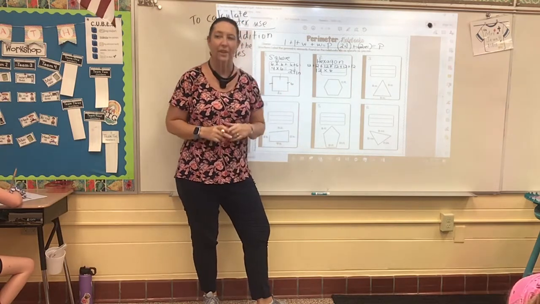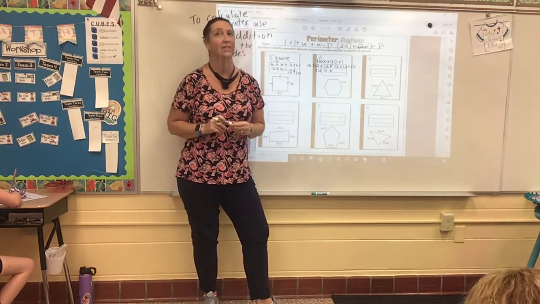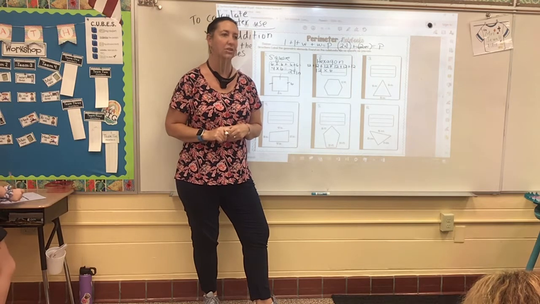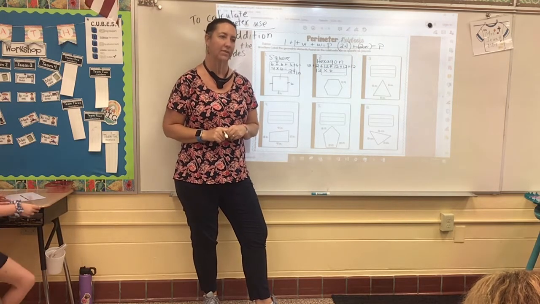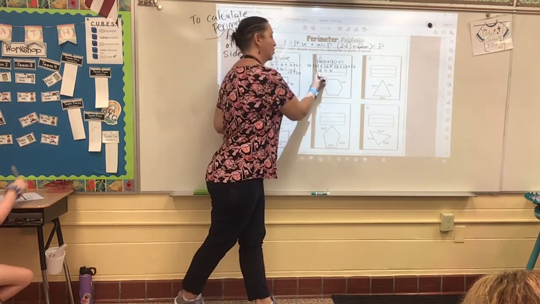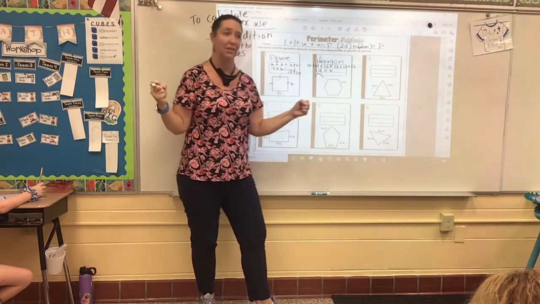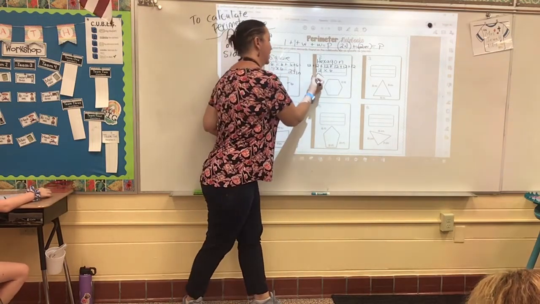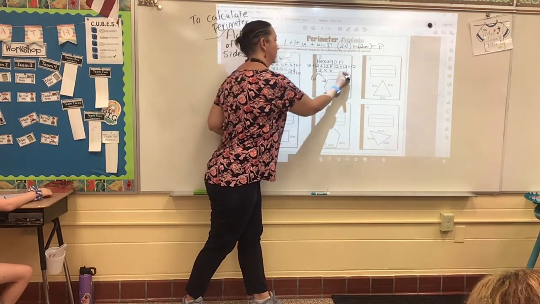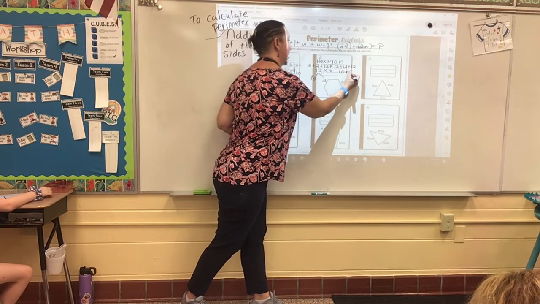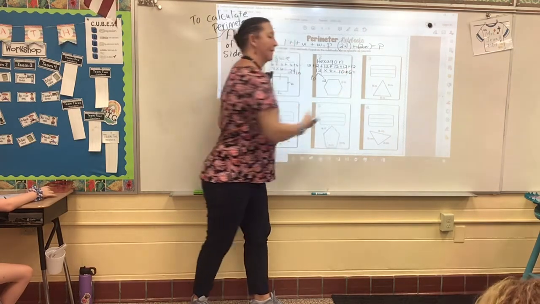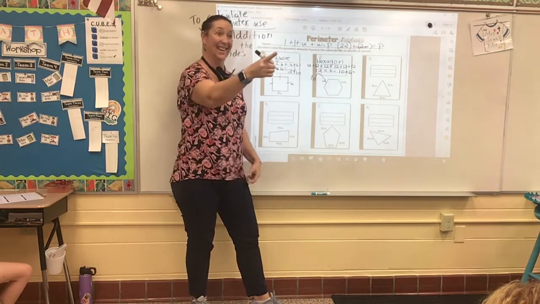Some of you have said that you're not good at your 12 times tables. So I want to show you the distributive property to solve our 12 times tables. We're going to take that 12 and break it into 2 pieces. We break it apart. It is a 10 and a 2. And so 10 times 6 is equal to what? 60.